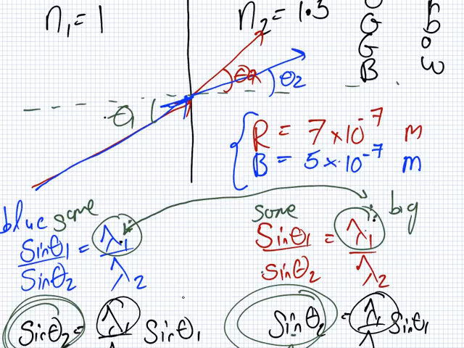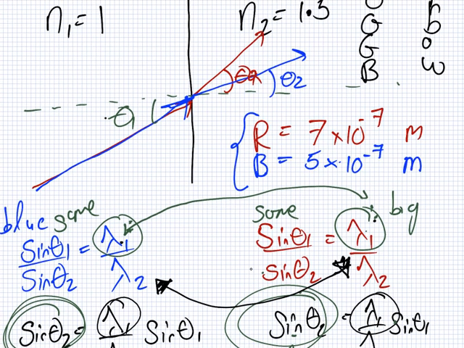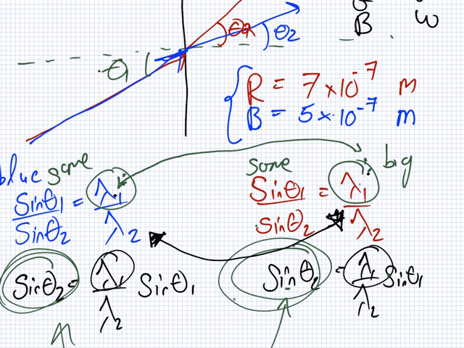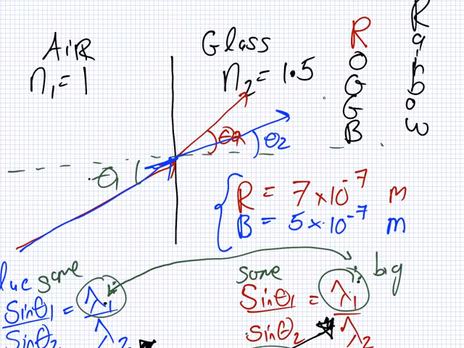Now, other stuff happens here. I haven't talked about exactly what's happening with lambda 2. Lambda 2 will change, yeah. I'm fudging it a little bit here to simplify the explanation. I just wanted to give you a simple explanation for why they separate like this.